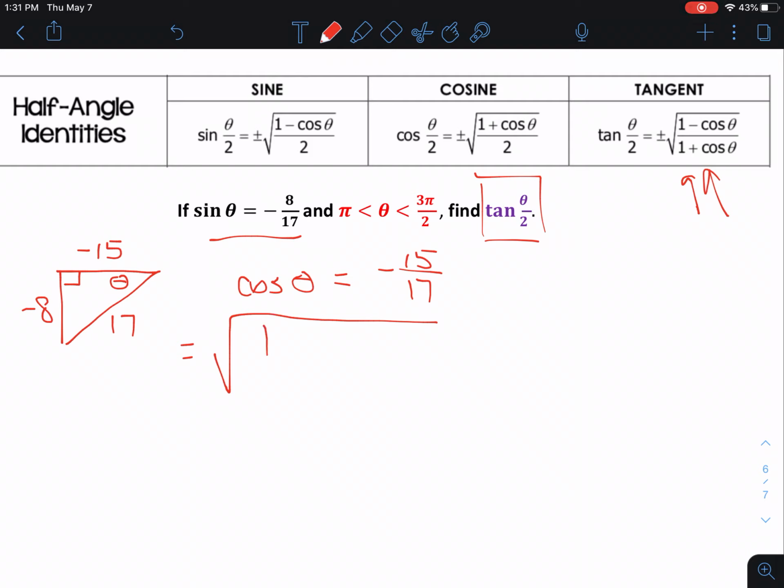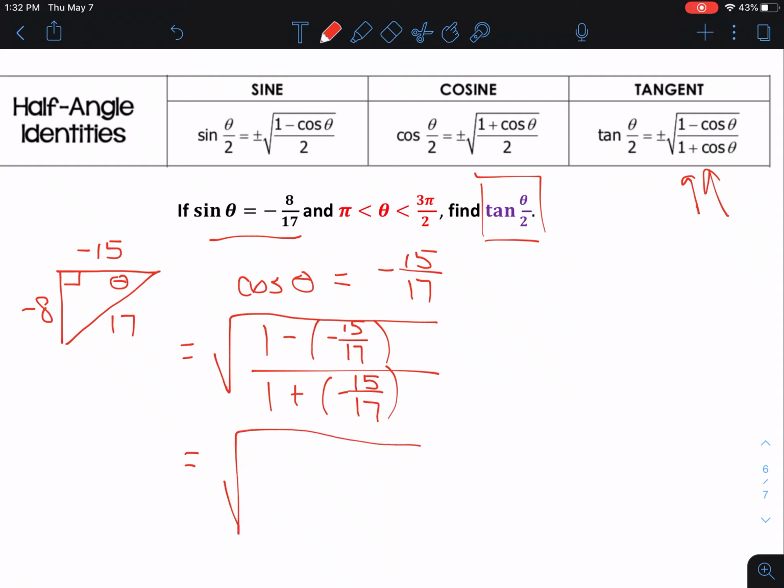So this would be 1 minus negative 15/17 over 1 plus negative 15/17. Okay. All right, so now when you simplify that, this is really 1 plus 15/17 on the top here, 1 minus a negative.